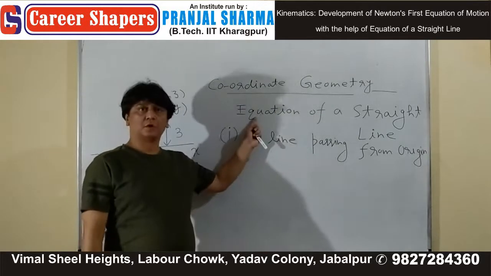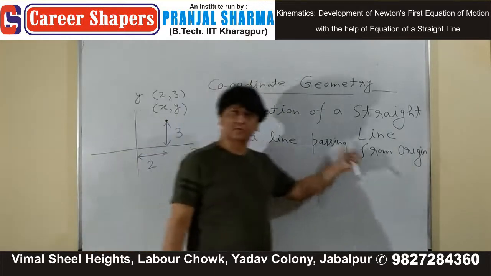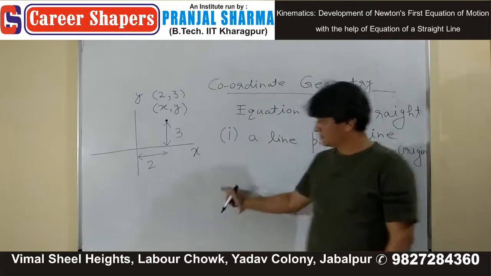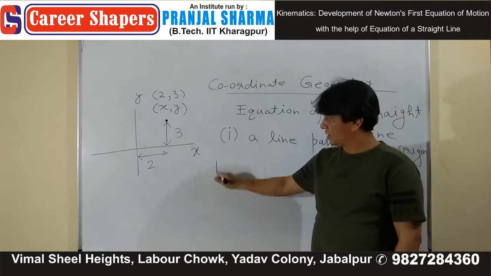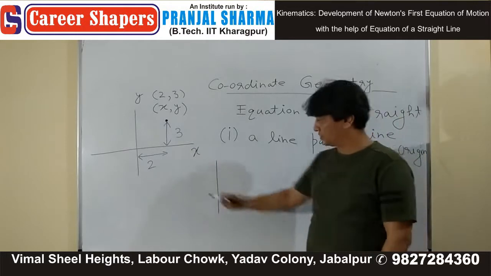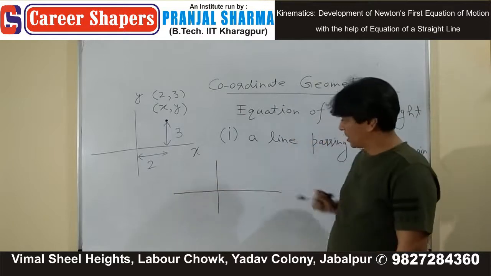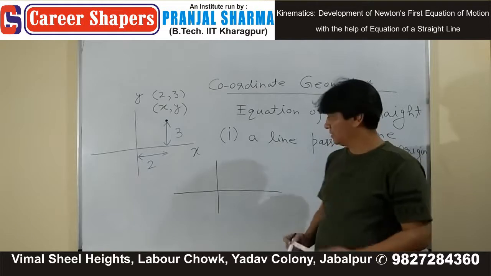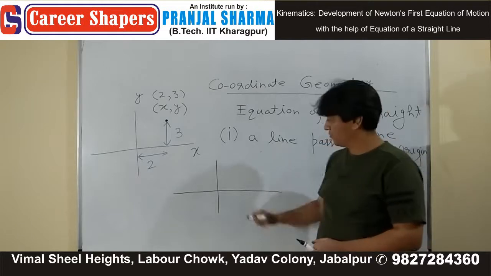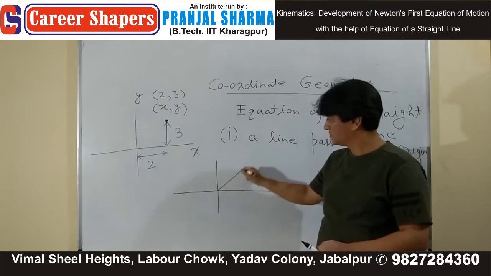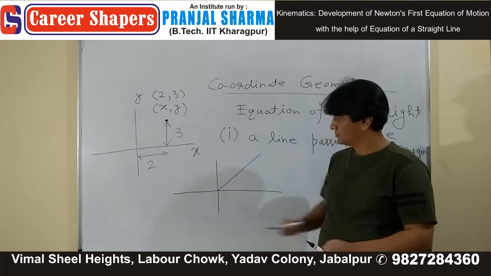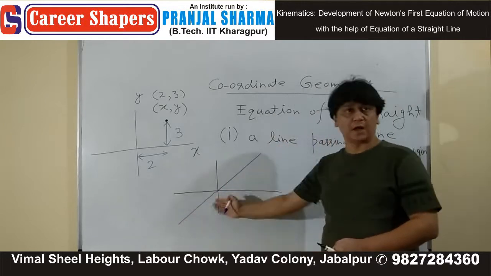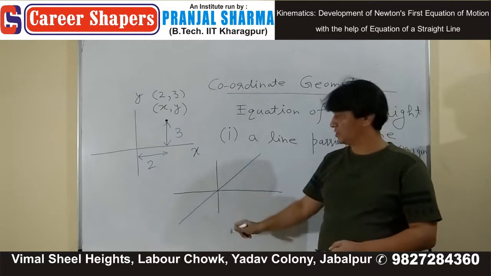We need the equation of that line which passes from the origin. Now pay attention to this figure. We have the axis system as usual, and we have a line, and the line is this. This is a straight line and it passes from the origin.